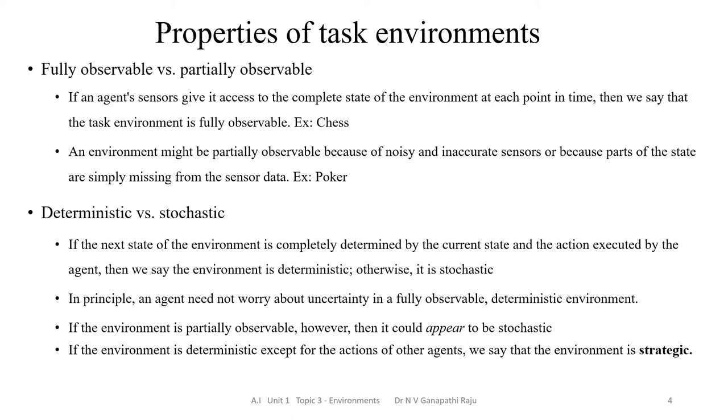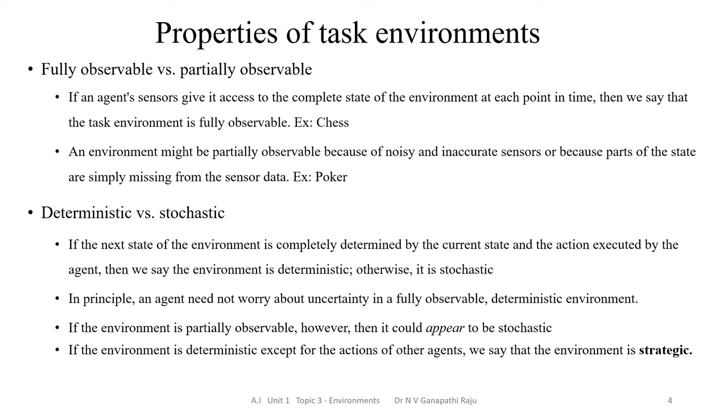Now deterministic versus stochastic. If the next state of the environment is completely determined by the current state and the actions executed by the agent, then we can say that the environment is deterministic. Otherwise, it is stochastic. In principle, an agent need not worry about uncertainty in a fully observable, deterministic environment.